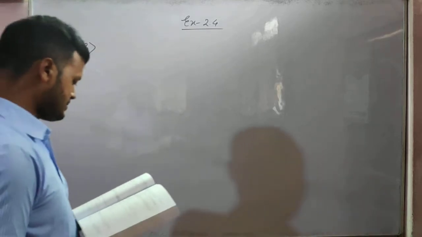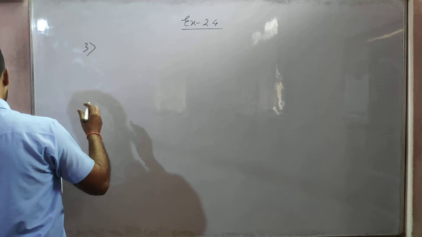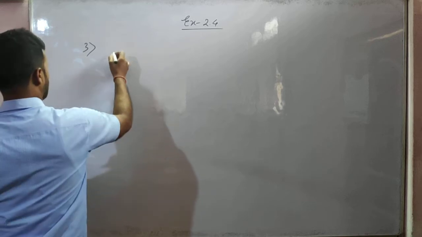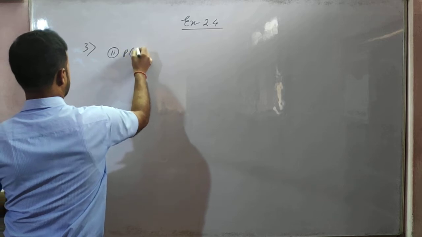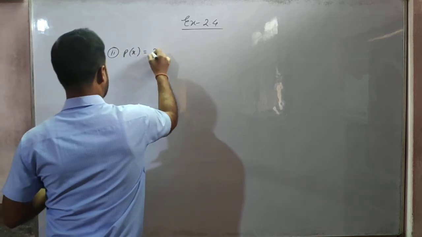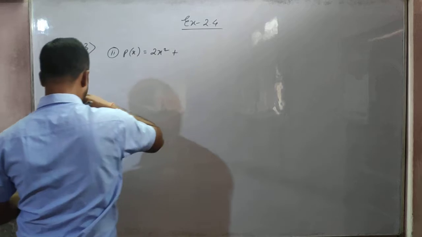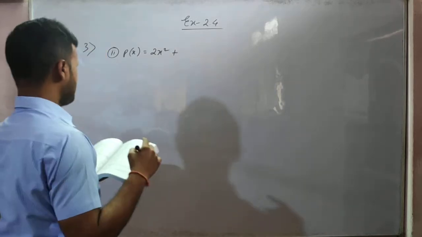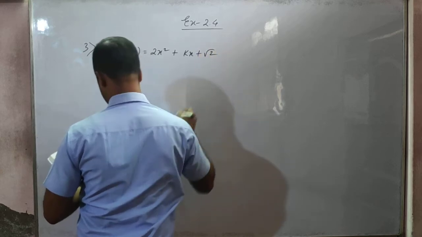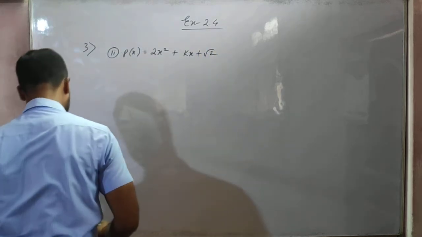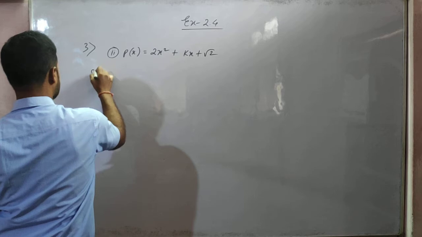Next you see, students, one more we will do, number 2 also. So p(x) is equal to 2x square plus kx plus root over 2.